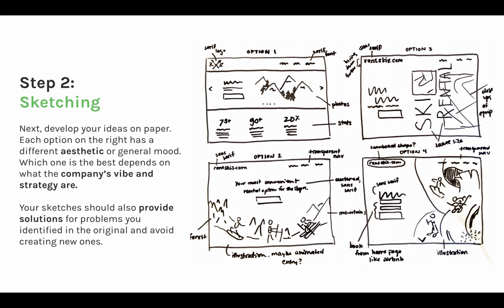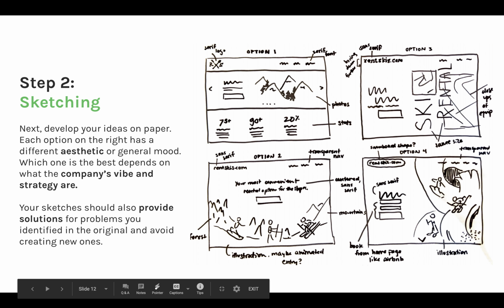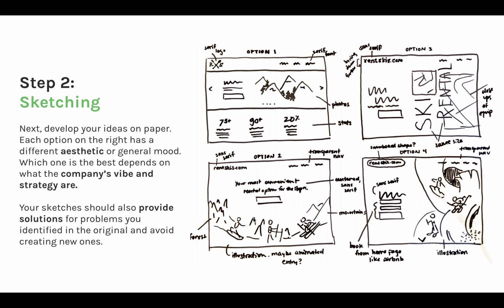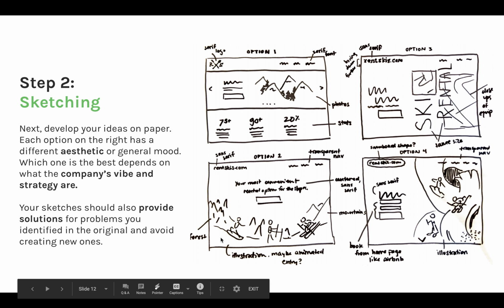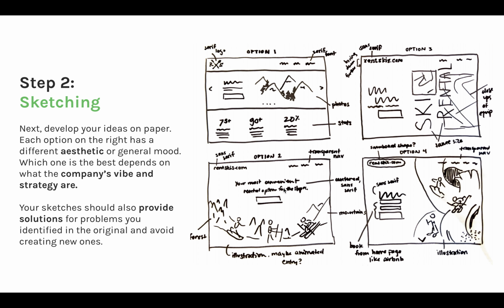Then option 2 is a little more middle of the road. So it would have sans serif fonts, which make it more tech savvy in some ways, and then some animated illustrations at the bottom, large text that I took from the original site, and a button to do bookings.